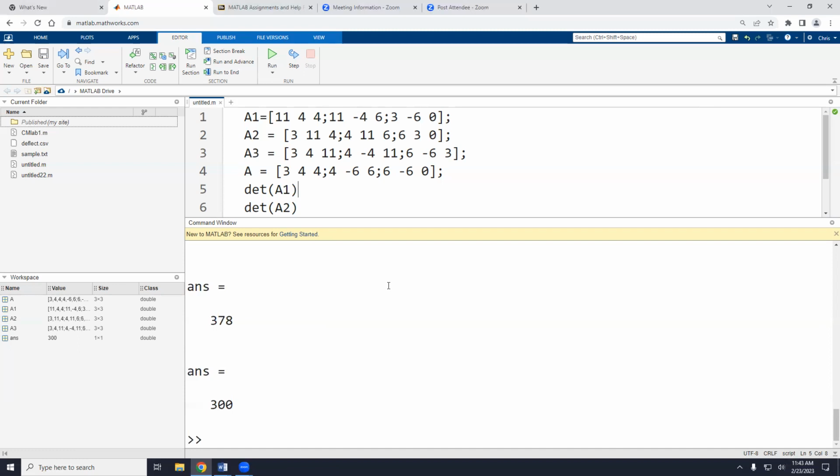All right, so x1 is going to be equal to the determinant of A1 over A. And it was 252 over 300. X2 is A2 over A, which was what was it, guys? 126 over 300, okay.